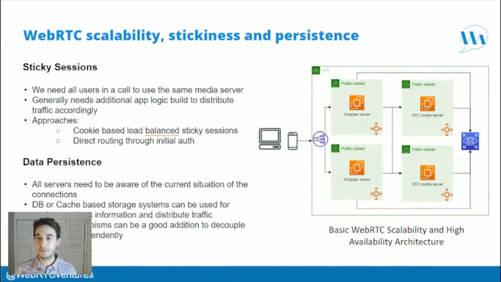So even if there is no failure, we would want that some user maybe is connecting to wrapper number 1 and some other to wrapper number 2, and we want both wrappers to really know what is going on and to be able to connect these 2 users to the same server if they need to.